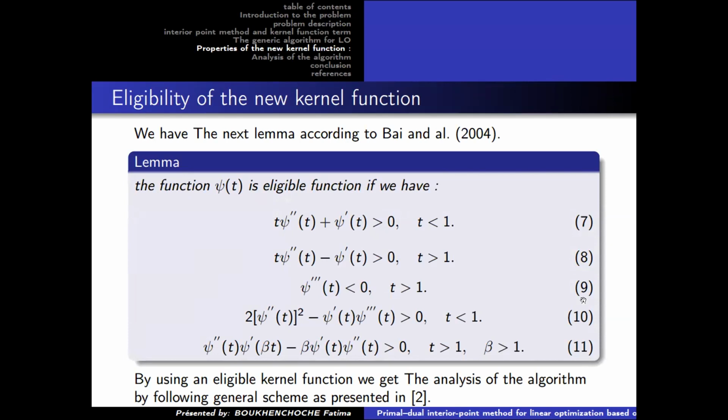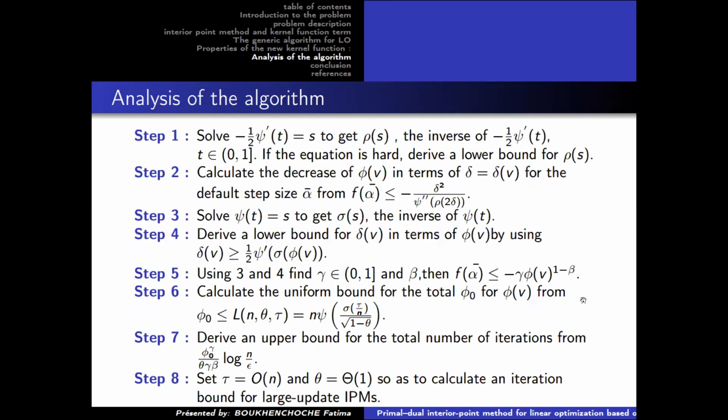By using the eligible kernel function, we get the analysis of the algorithm by following the general schema as presented in 2. Then an analysis of the algorithm. To calculate an iteration bound for the large update interior point method, we follow these steps.